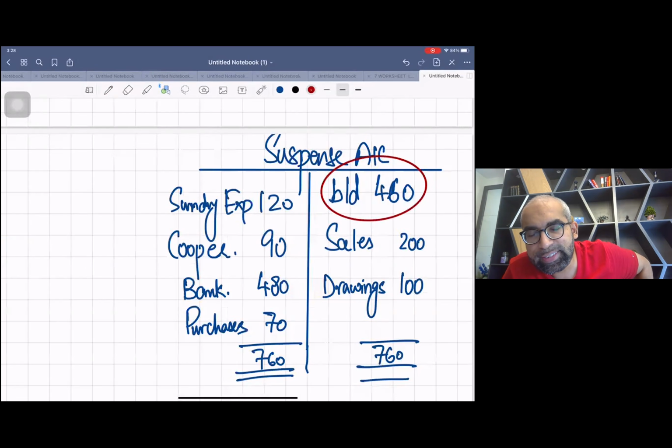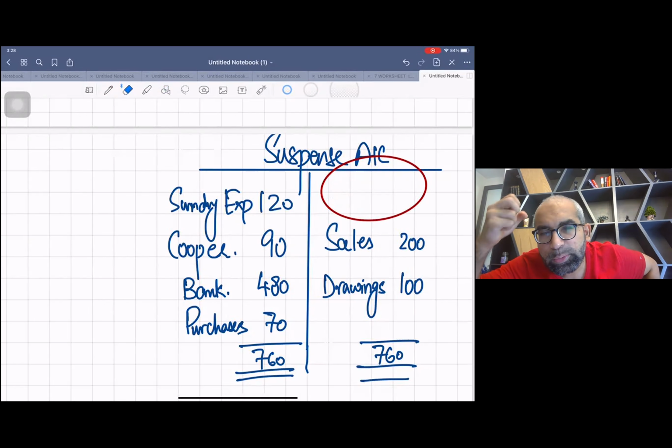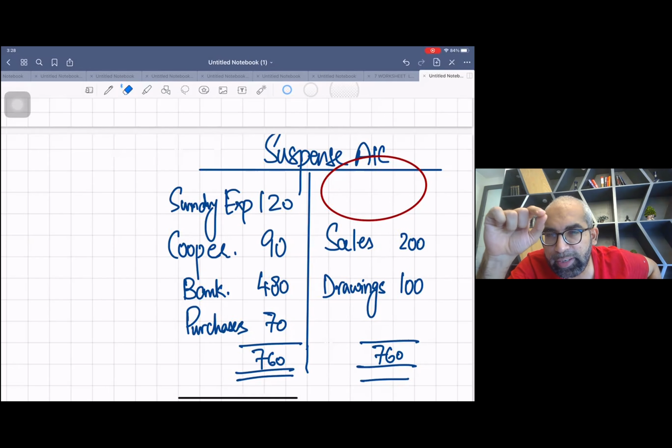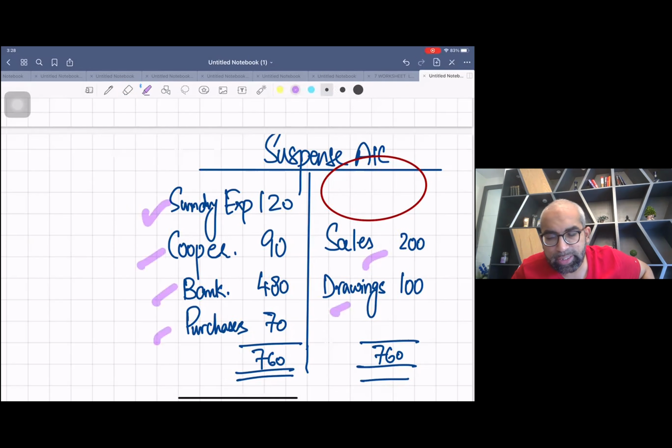Now one more question they may ask. Sometimes they simply hide the opening balance. They don't give you the opening balance of the suspense account in the question, and they directly give you the adjustments. So what you do is make the correcting entries, the red pen entries, and then post all these entries. 1, 2, 3, 4, 5, 6, you made all these entries, and now you calculate it through a balancing figure.